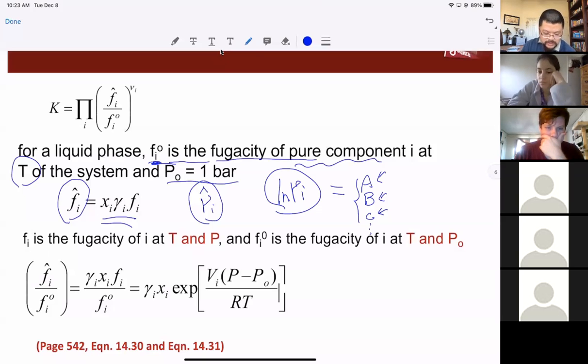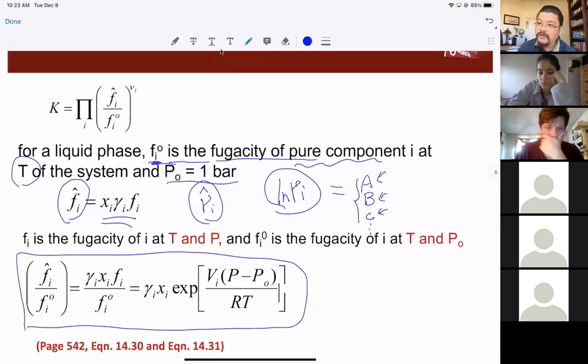And also, this equation is super duper useful. And I hope you can recall that when we talk about the fugacity calculation, we were spending the majority of time on gas phases, but we did visit liquid phase for 2 cases. One is the low pressure liquid. We say this is basically the saturation pressure calculation, right?